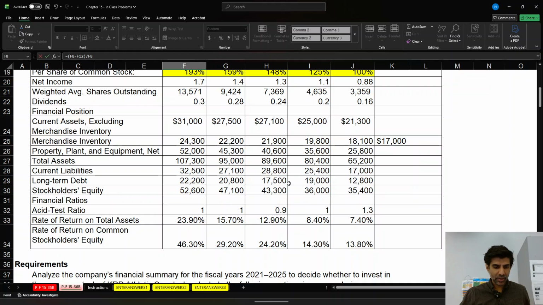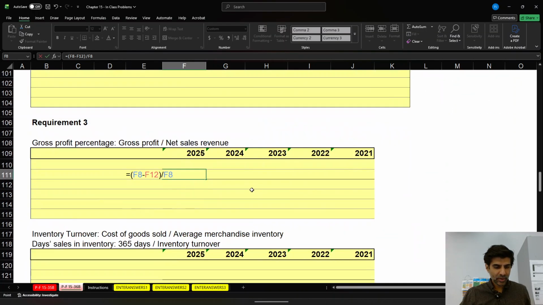Again, the formula is F8 minus F12, which is your net sales revenue minus your cost of goods sold. That's going to show you how much gross profit you generated, and you're going to see how much that profit is in proportion to the total net sales revenue. Convert this to a percentage.